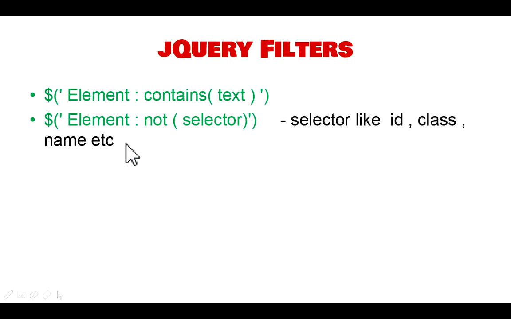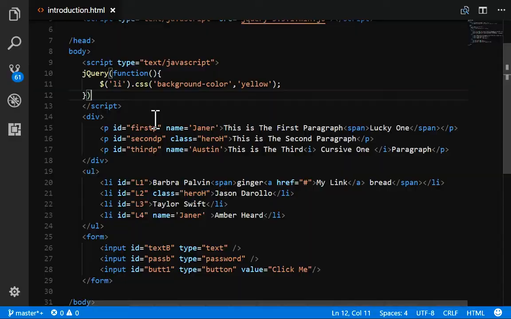Okay, let's check it out in code. Select all the list, but contains, you have to use the double colon. Contains, you have to put the text.